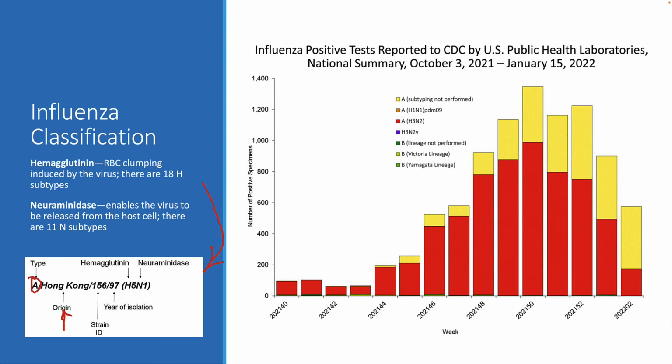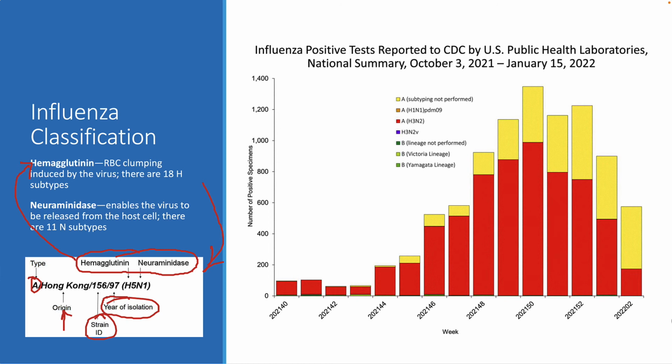And then we have the strain ID number, and I guess that's done with DNA or RNA typing, and then the year that it was isolated. And then these two numbers, the H and N numbers, these are really important. The hemagglutinin is the H number, and there are 18 different H subtypes.